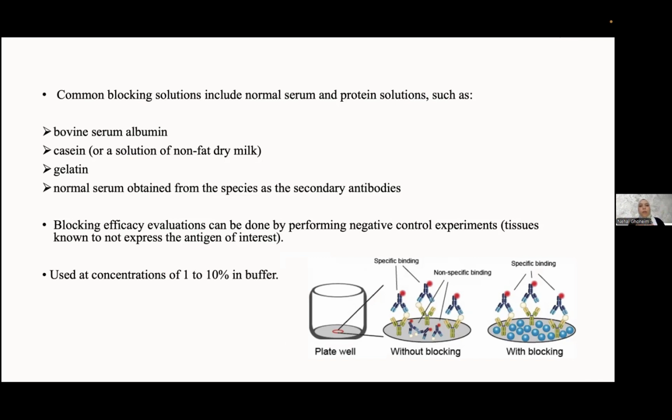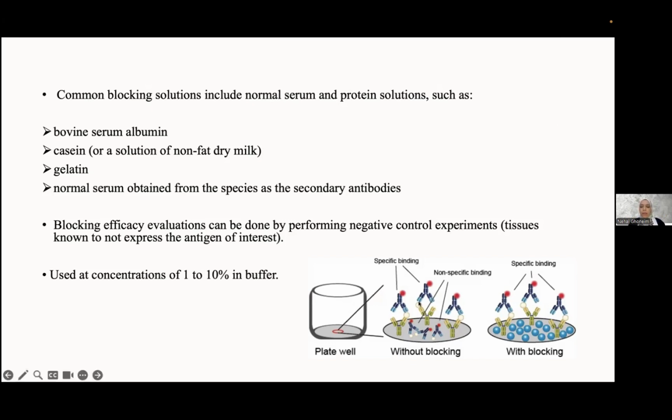The usual recommended concentration of the blocking reagents is 1 to 10% in buffer, dissolved in PBS in the case of bovine serum albumin or other powdered blocking reagents.